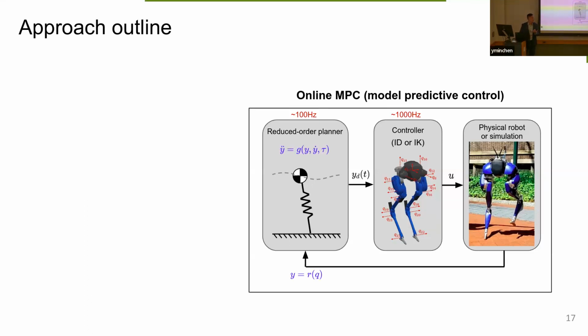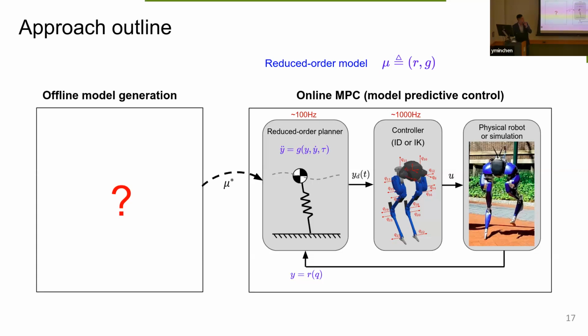And inside this planner, we have the reduced model dynamics G. And I also show you the embedding function that maps the full configuration to the reduced configuration in the diagram. And to remind you, my reduced model definition is the tuple of these two functions.